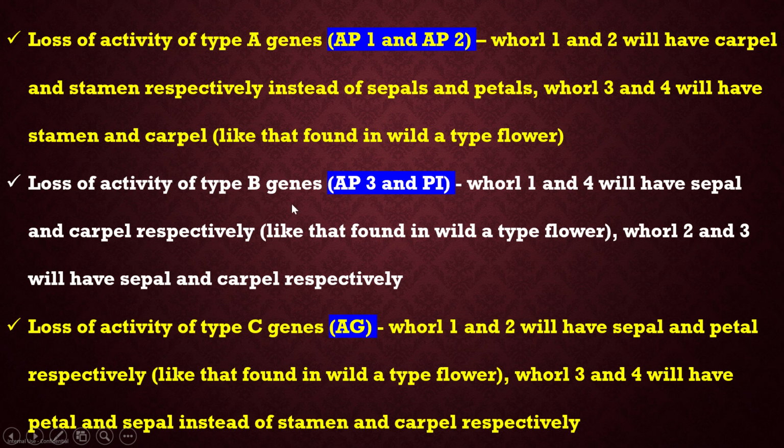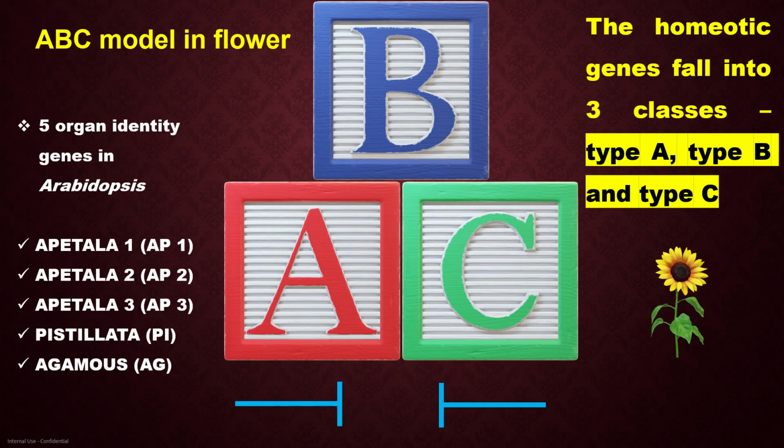So if type B genes are silent, that means they have lost their functional activities, what will happen? The genes that have retained their function or activity will govern these two whorls also, right? In the previous case, in normal condition, if you study, actually type A genes inhibit type C genes and type C genes inhibit type A genes.